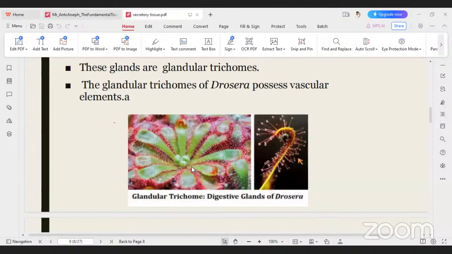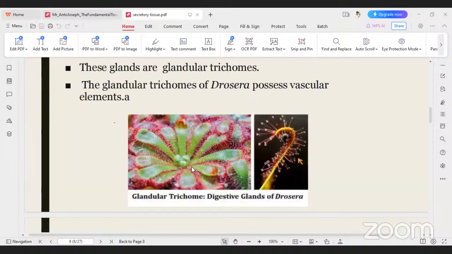Heterotrophs do not prepare their own food. Now, is the diagram visible in this picture? The leaf color is green, which means chlorophyll is present. So chlorophyll present means autotroph or heterotroph? Autotroph, sir.